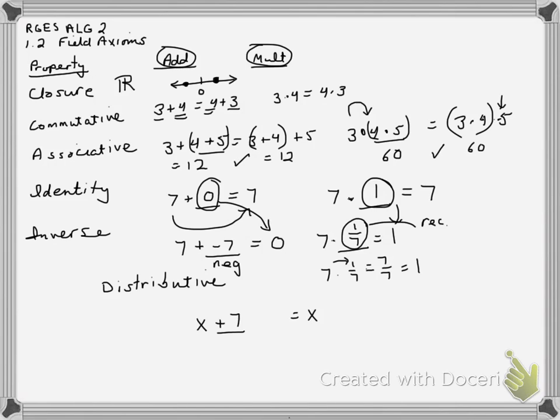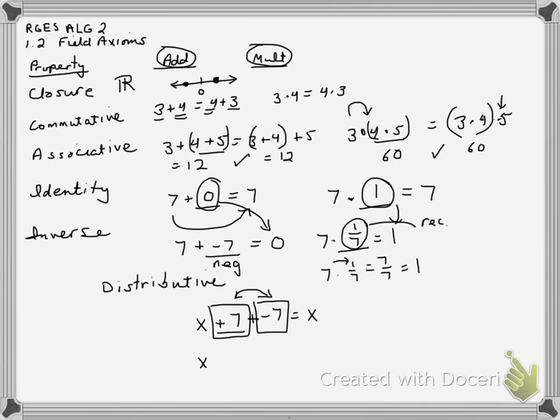How would I undo it? I would then subtract 7 or add a negative 7. I want to think in terms of addition, so I'll say add a negative 7. These undo each other.